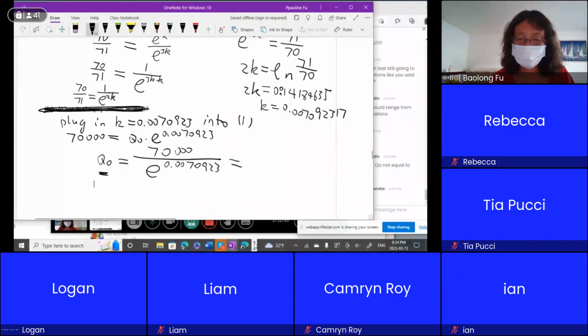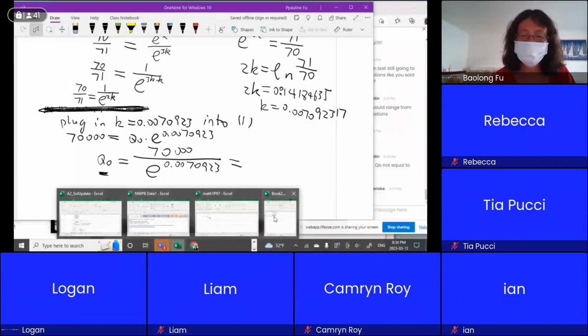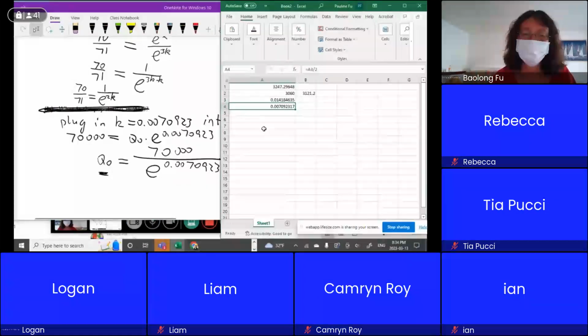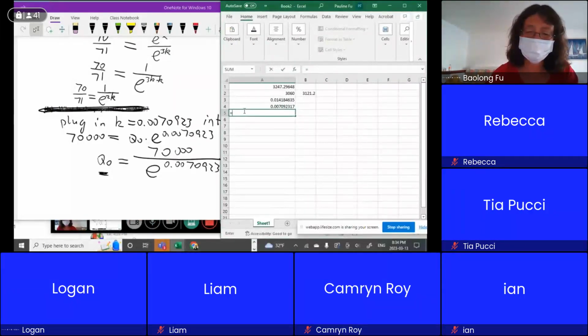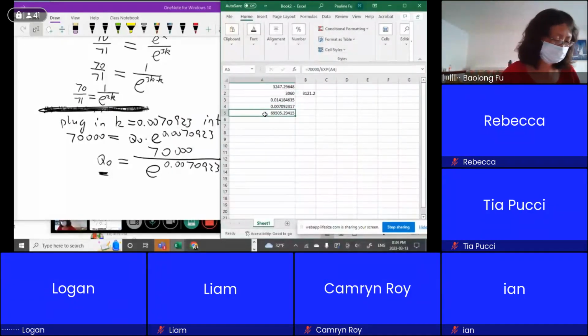So I'm going to use Excel to calculate this number. So equal to 70,000 divided by E. In Excel, use EXP. EXP is E raised to power 0.07. So the result is this number.